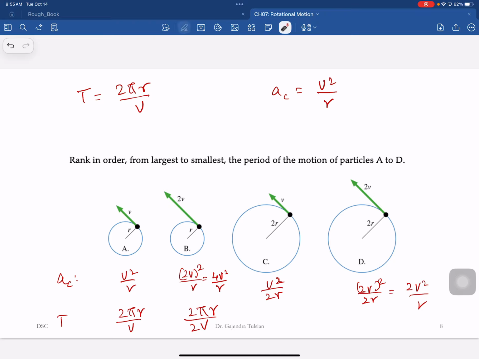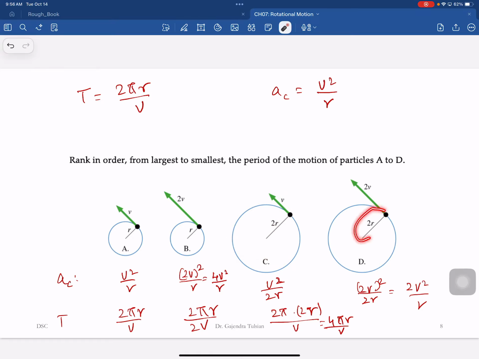For this one, it's 2 pi times 2r divided by v, so this is 4 pi r divided by v. This one is taking twice as long as the first, and that makes sense. The circle is bigger and you're going at the same speed. You're traveling twice the distance, so you're taking twice as long.